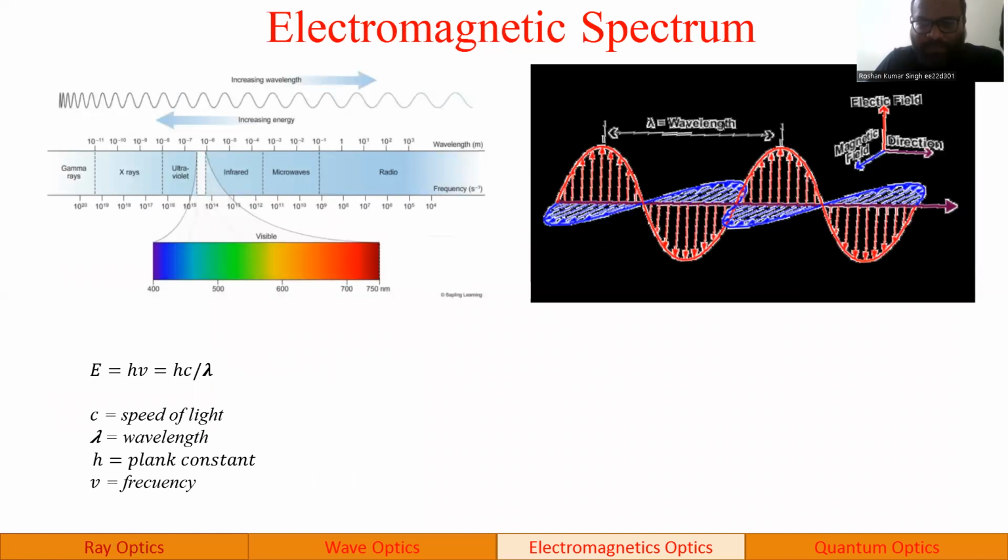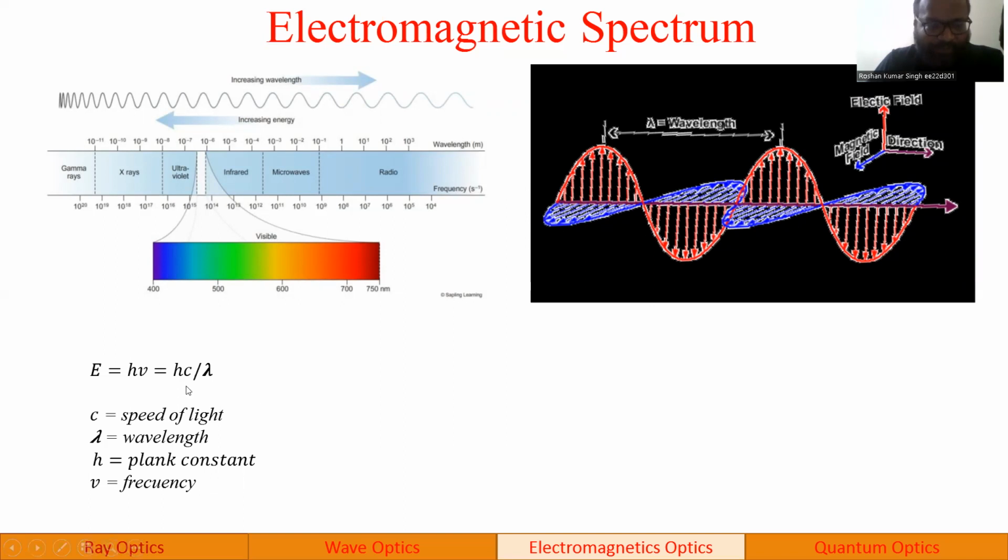We see in this slide that the only difference is the components of the electric and magnetic field, which are perpendicular to each other, and also perpendicular to the propagation of the wave.